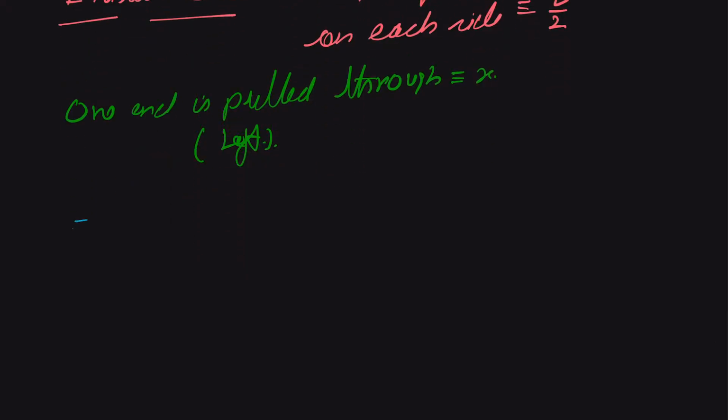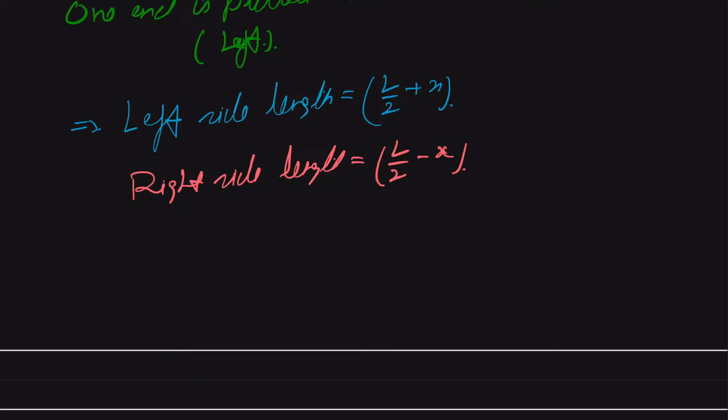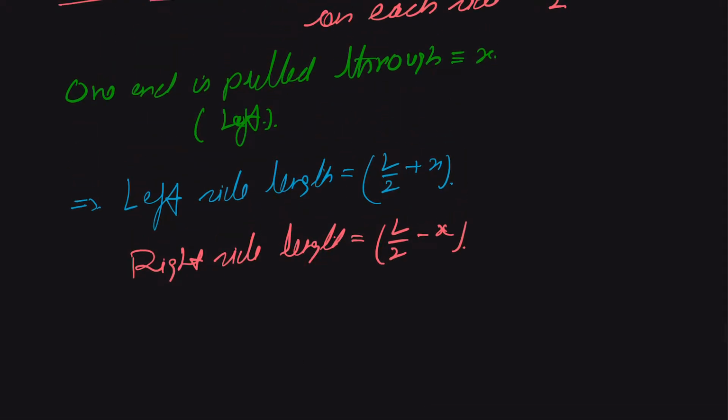Therefore we can say that the left side length will be equal to L by 2 plus x, and right side length will be equal to L by 2 minus x, and respectively we can find out the mass of both sides.